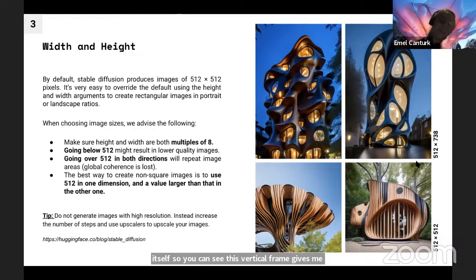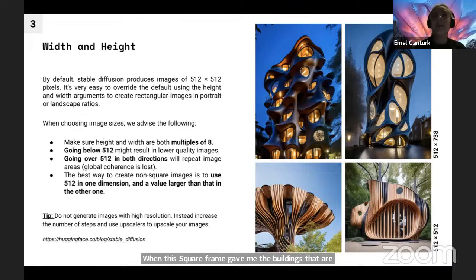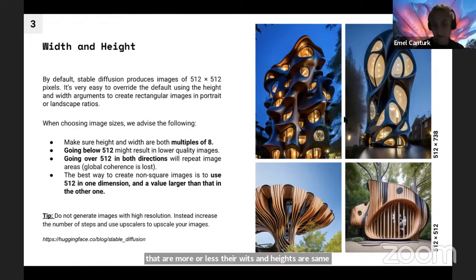When this square frame gave me buildings whose width and height are more or less the same. By the way, I think these were created in OpenArt AI, using Stable Diffusion checkpoints version 2.1.